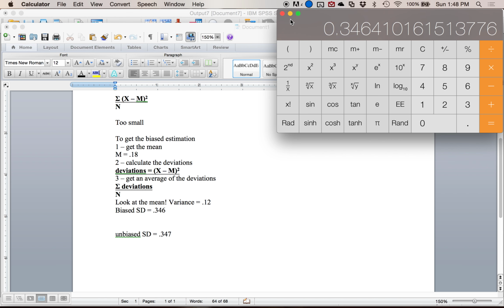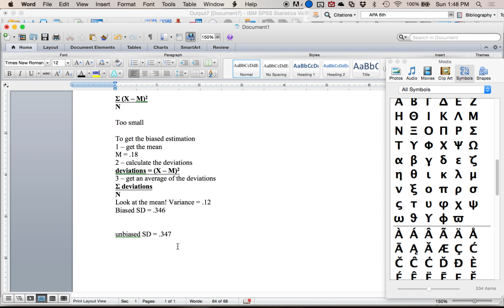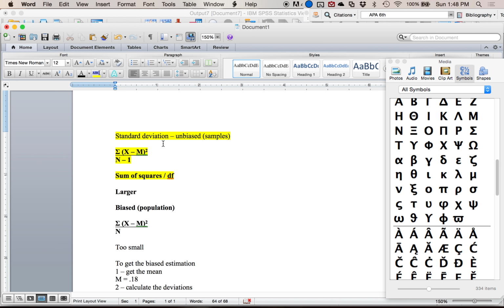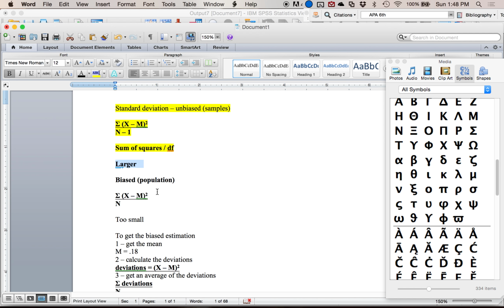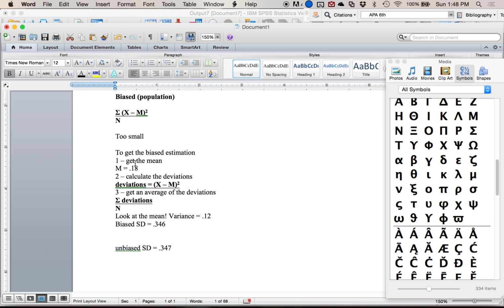What you should find whenever you do this is that the biased estimator is going to be smaller than the unbiased estimator. We make the unbiased estimator larger so we're not cheating when we get to the statistical test part, and the biased estimator is too small. So we're going from 0.346 to 0.347, and I said it would be kind of small.